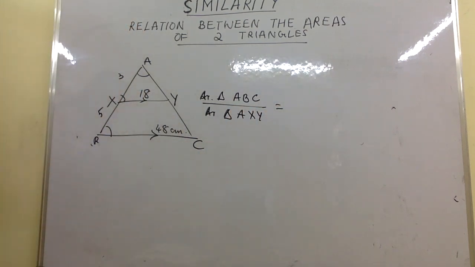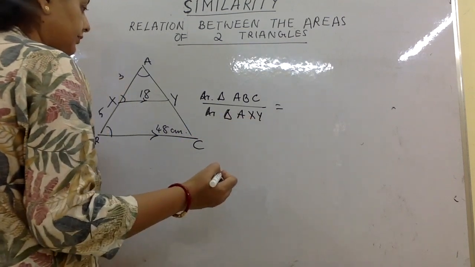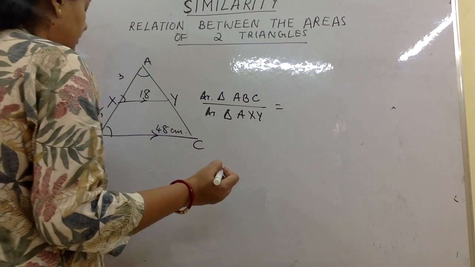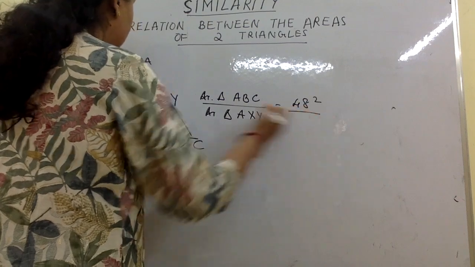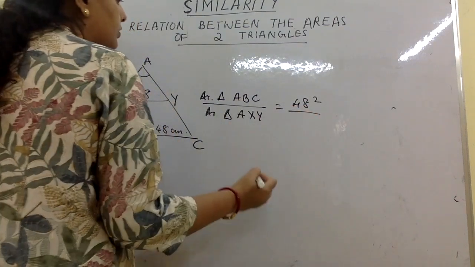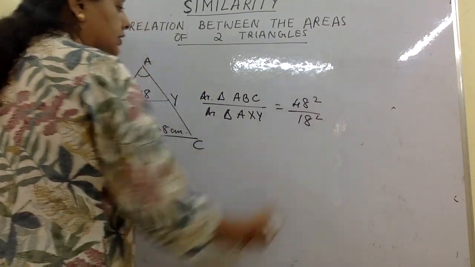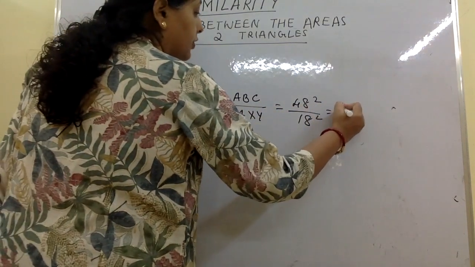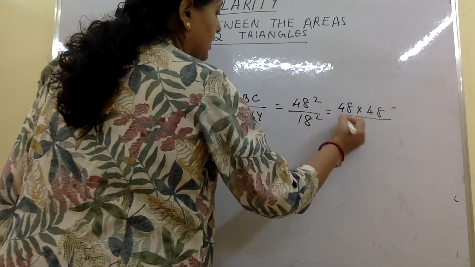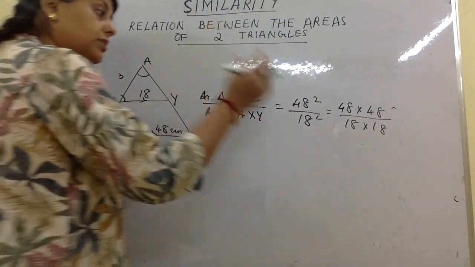So triangle ABC's side was 48, so we will take 48 square and this is 18 square. Okay, now we are going to reduce it a little bit and then work with it. So 48 into 48 and 18 into 18. Please don't multiply. I always tell in all my videos, please reduce.